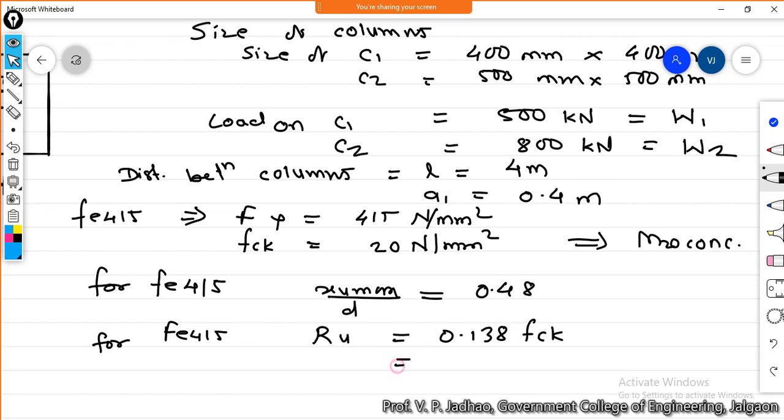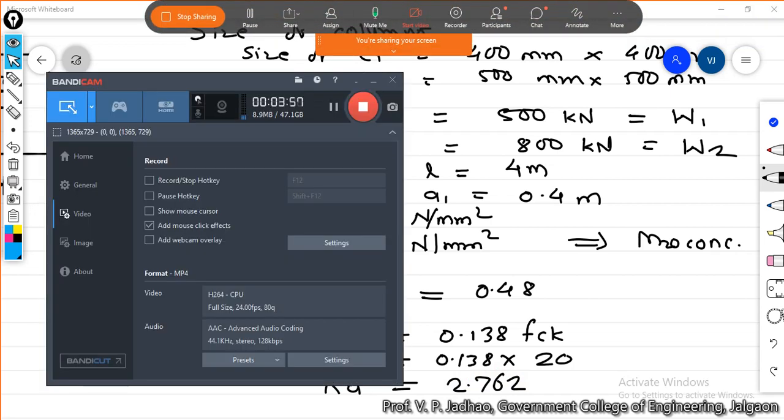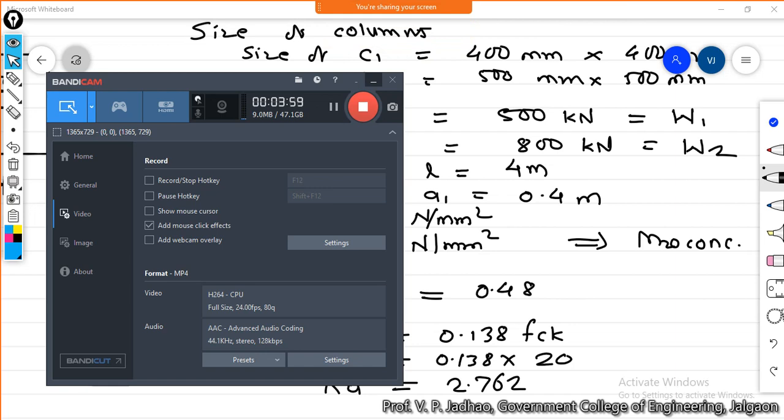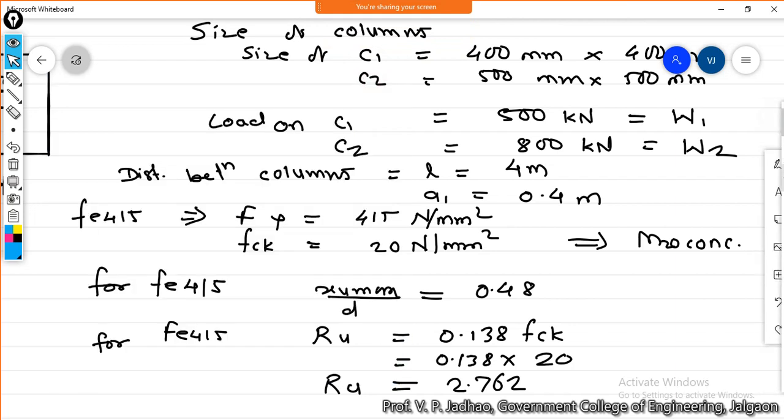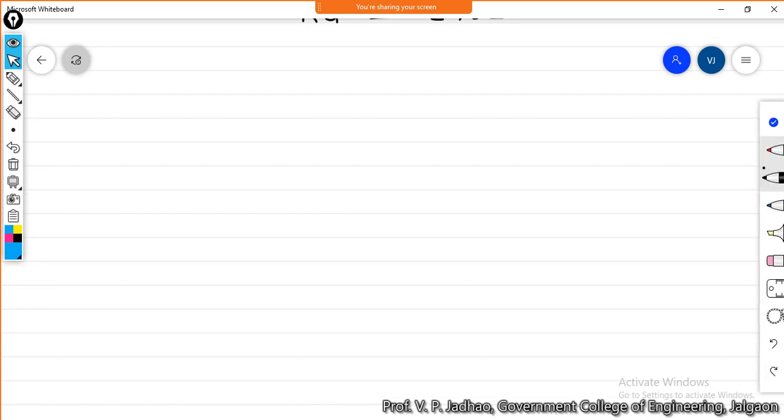Put the value of this FCK here. We get 0.138 into 20 Newton per mm square. So we get this value Ru is equal to 2.762. Okay, up to this point I don't think everything is different from the previous problem.